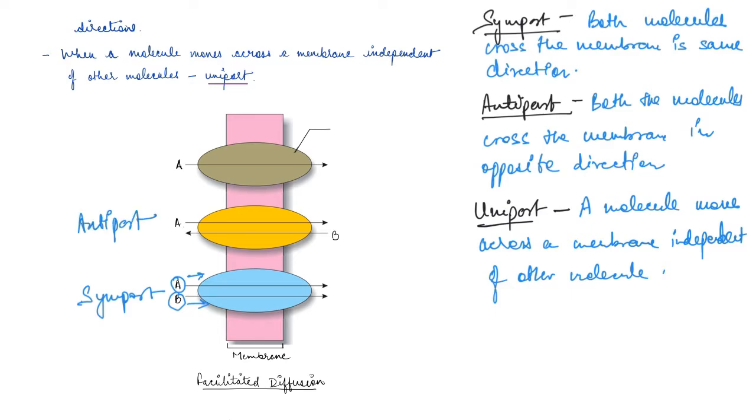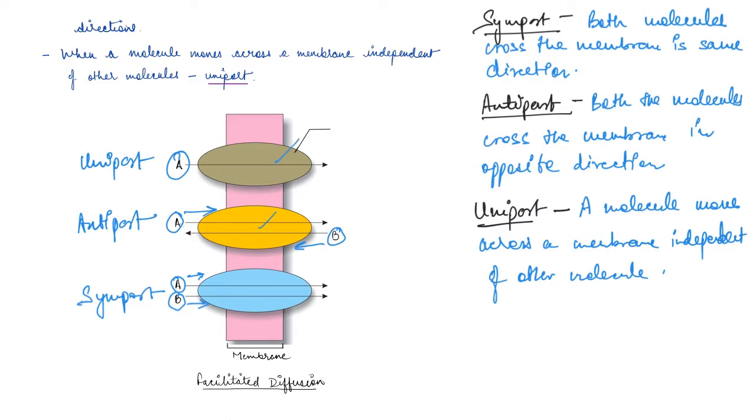So, this is the antiport where we have two molecules A and B, and they're crossing the same membrane in opposite direction, right? Third one is uniport. Here, the molecule A is crossing the membrane being independent of the other molecule B.